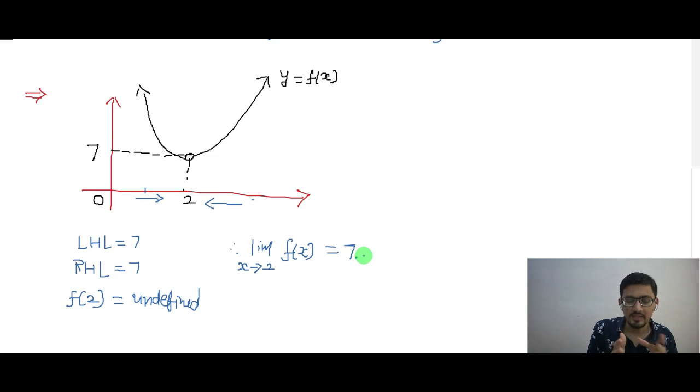So from this example, what we can understand, for limit to exist at a particular point, it is not necessary that function should be defined at that point. Okay, whether a function is defined or not defined, that is secondary. Okay, for limit to exist, what is the important thing? LHL and RHL should be equal. So if LHL and RHL are equal, that means you can say a limit exists at that particular point.